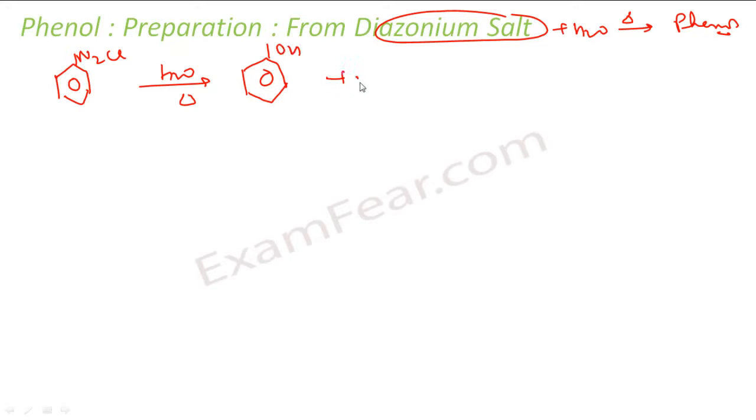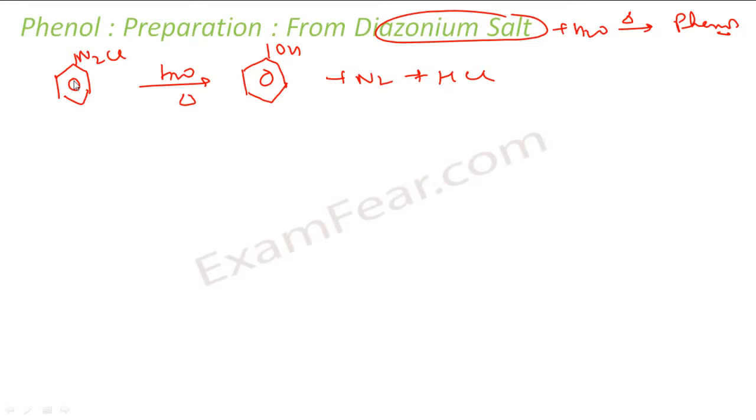Plus nitrogen comes out and you get HCl. So here also carbocations are formed. And this is called benzene diazonium chloride.